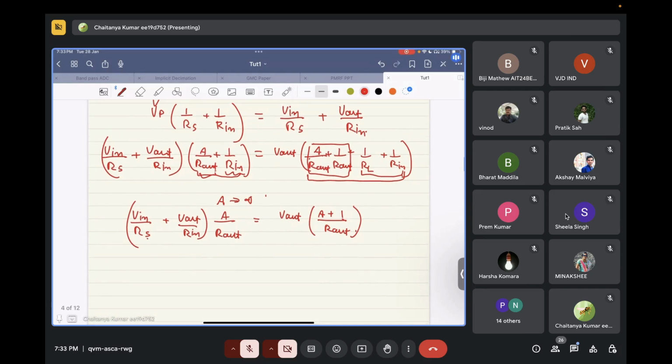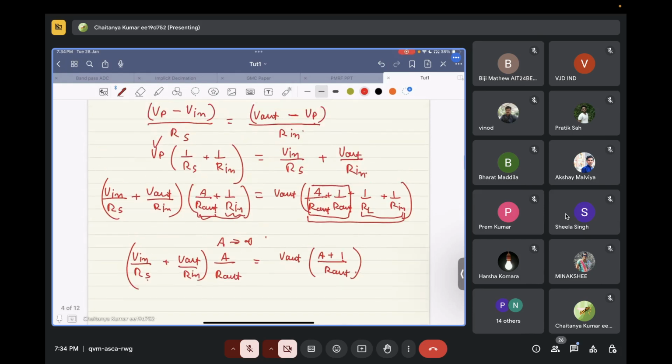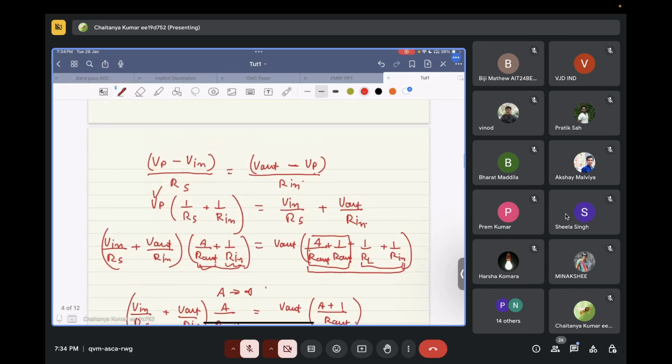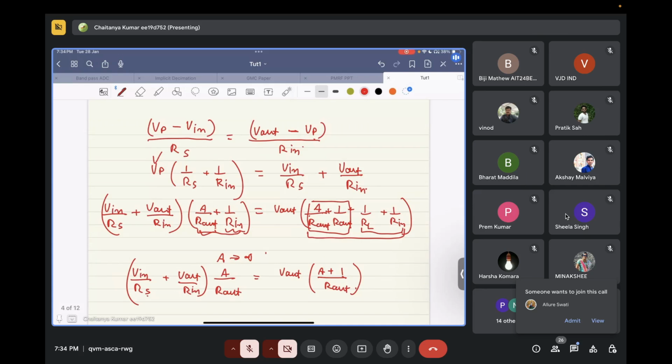So what we will have over here is R out can be cancelled. Just a minute. We will have one more term over here, 1 by Rs plus 1 by Rn.